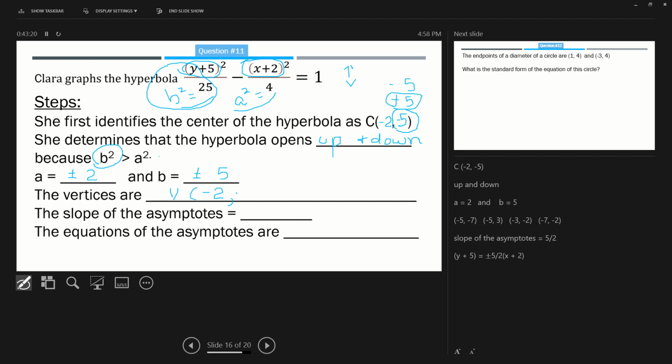So we get negative 2, 0. And the second vertex is, now we're going to subtract 5 from negative 5. Leave the x-coordinate alone. Negative 5 plus negative 5 is negative 10.